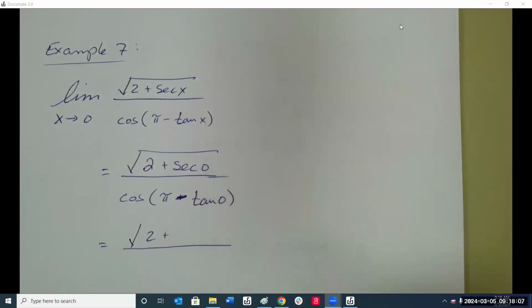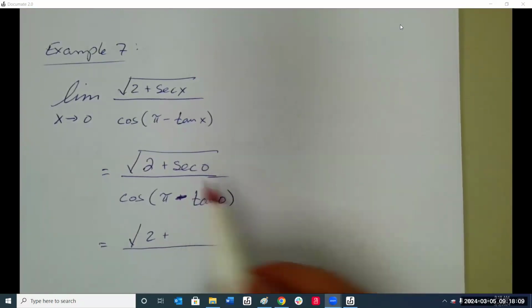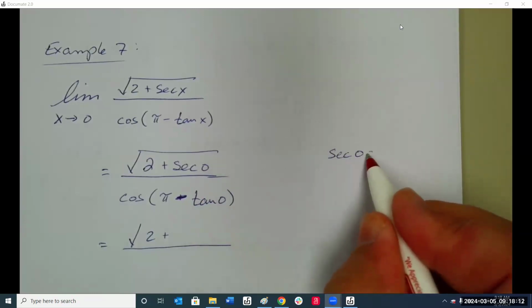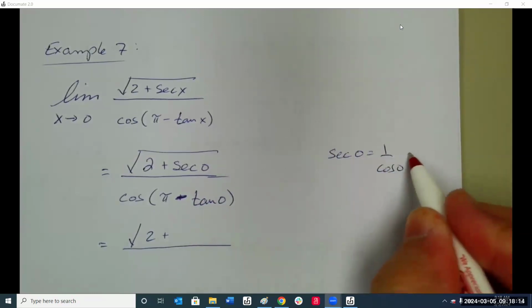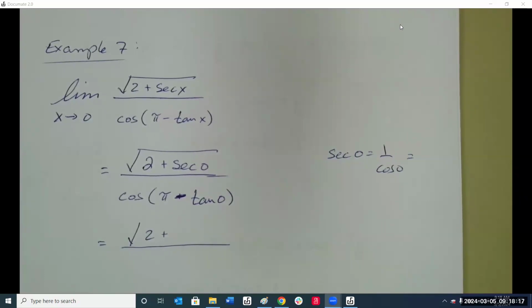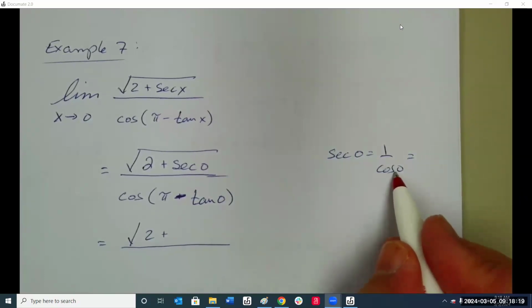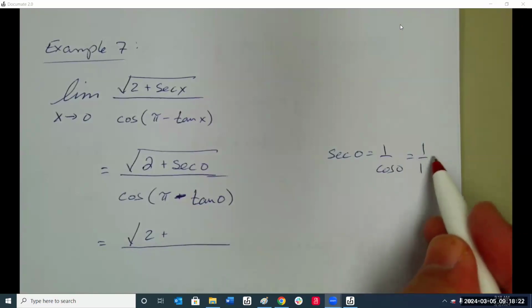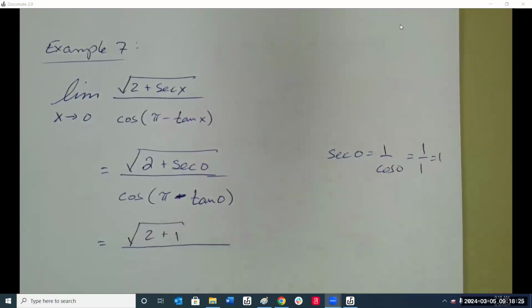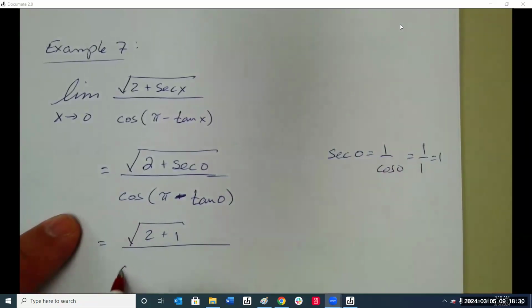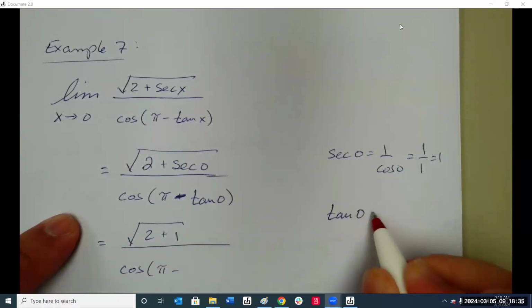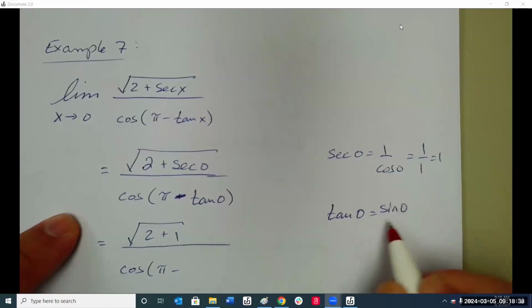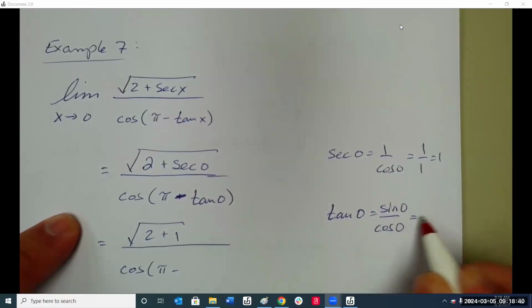Secant is 1 over cosine, which becomes what? Cosine of 0 is what? That becomes 1. Tangent of 0 is sine of 0 over cosine of 0, which is 0 over 1, which is 0.